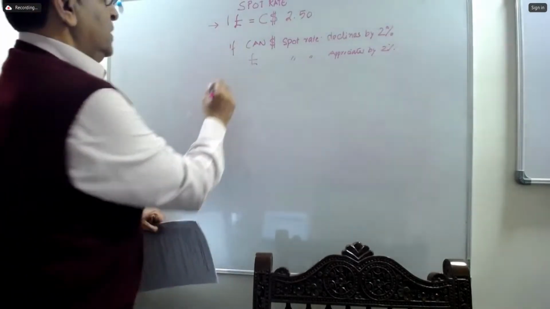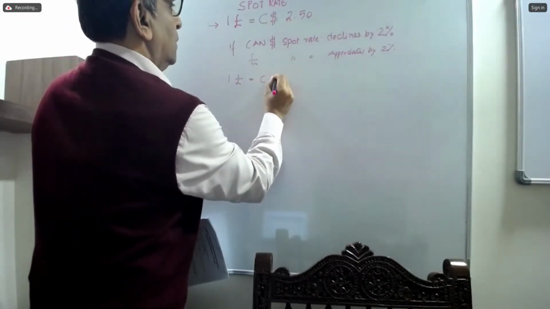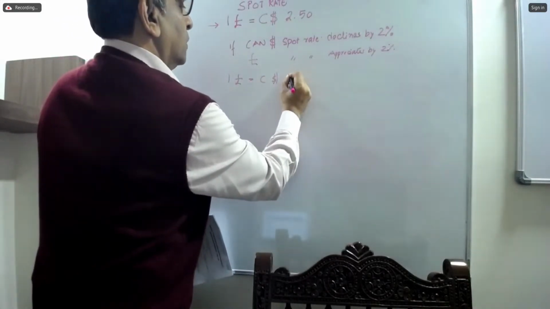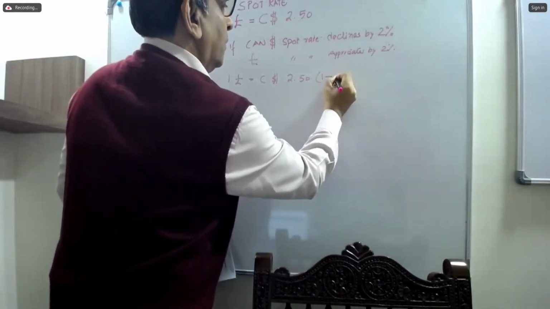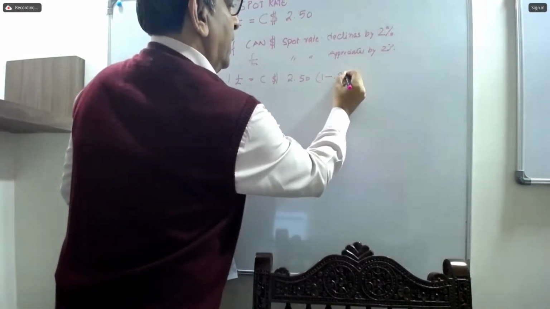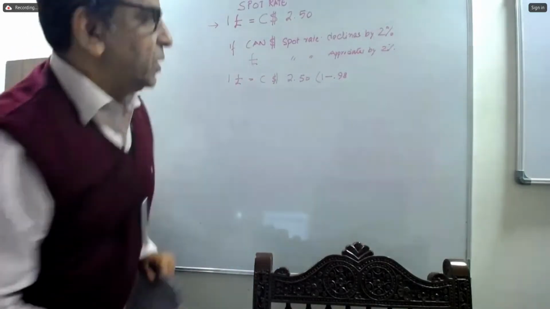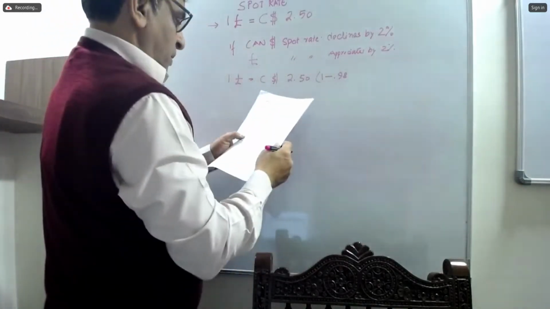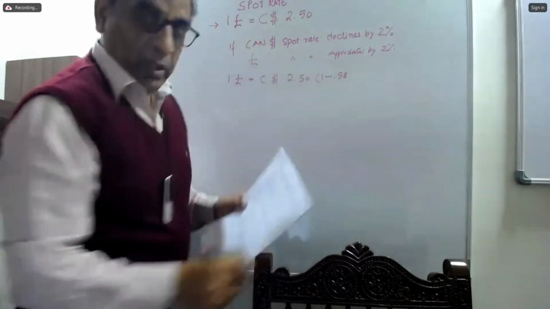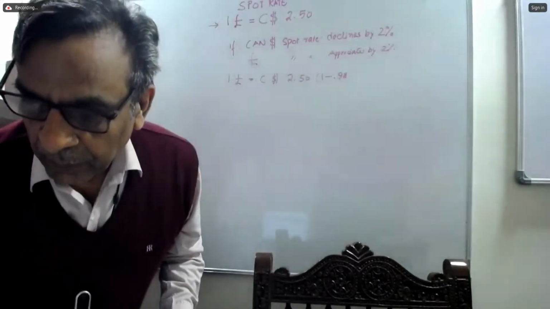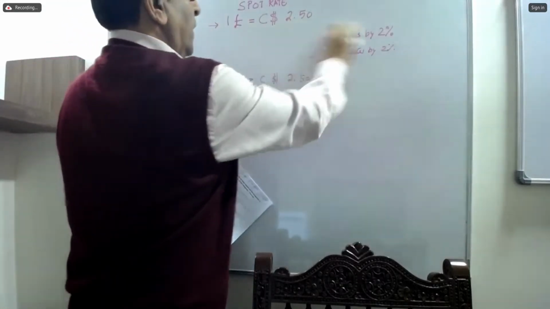So the quote would be like this: Canadian dollar 2.50 multiplied by 0.98. Sorry, this is the second question, where it gains by 4%. I think I have missed out here. Sorry, I'll do it again.